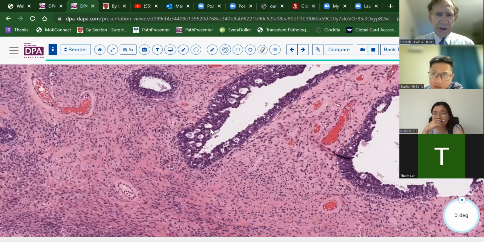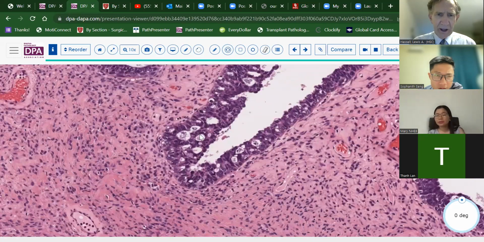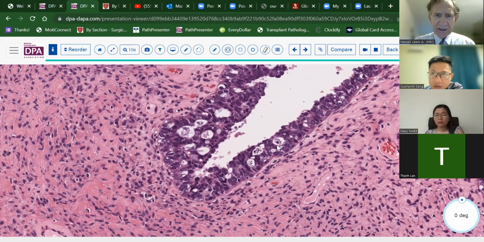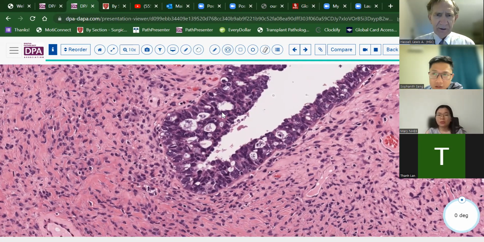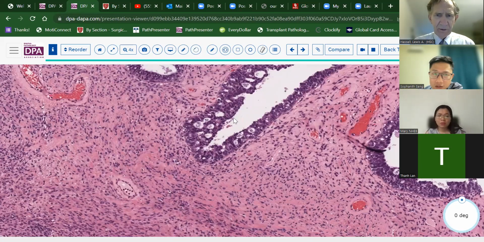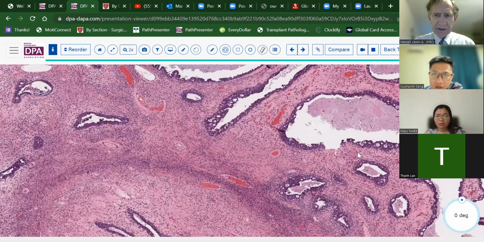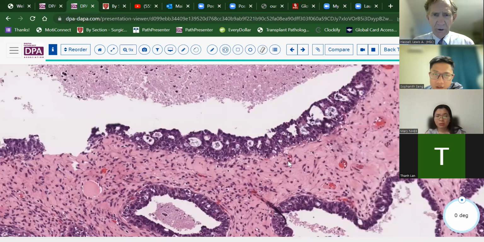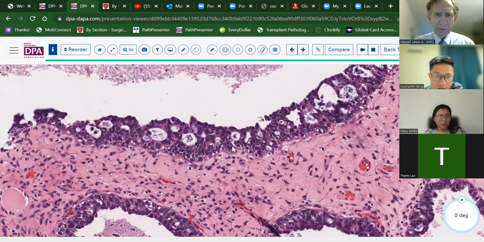And what we see here is this nice cribriform pattern of epithelium lining these spaces in several cases. We'll look and see a few other areas. So there's one area that's nice and cribriform. Here's another area here where you see this nice cribriform pattern.